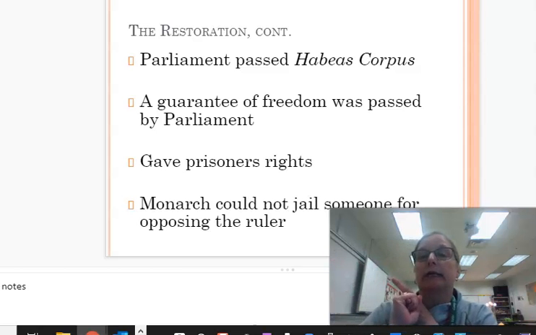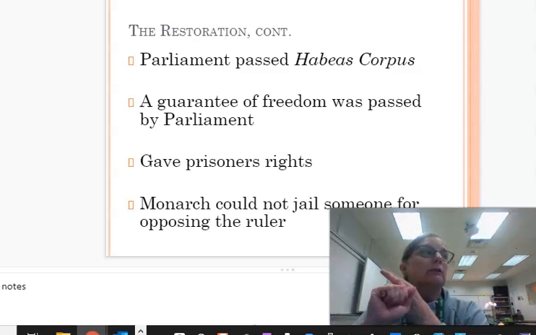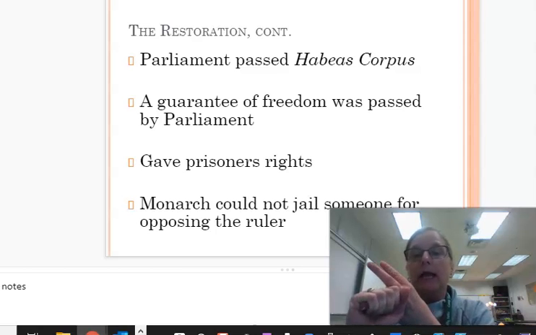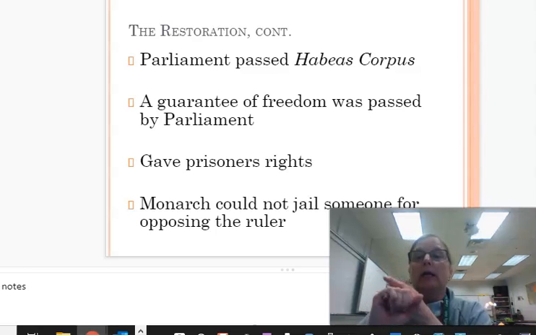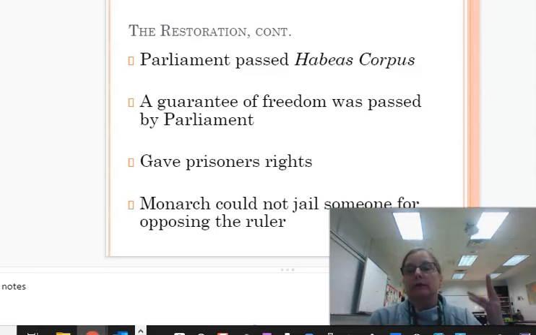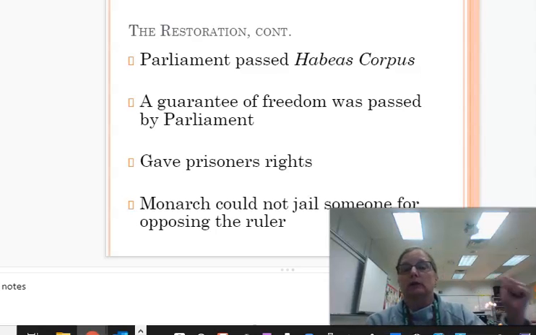He has to agree to habeas corpus. Habeas corpus, this is a key result of the Restoration. Habeas corpus is a guarantee that if you are arrested, you are brought before a judge, and the judge determines if there's enough evidence to go forward with your trial.